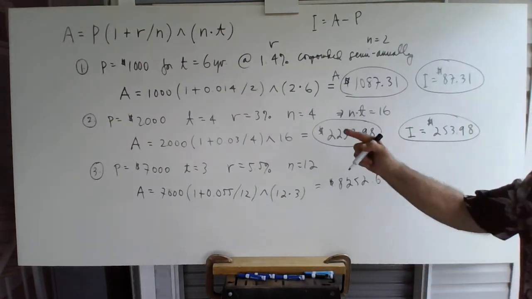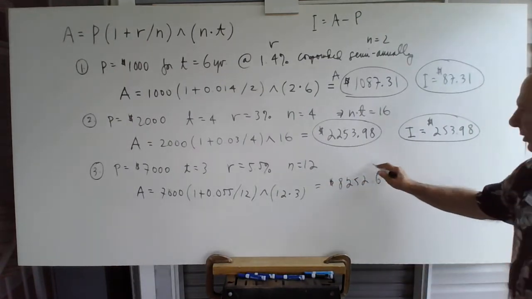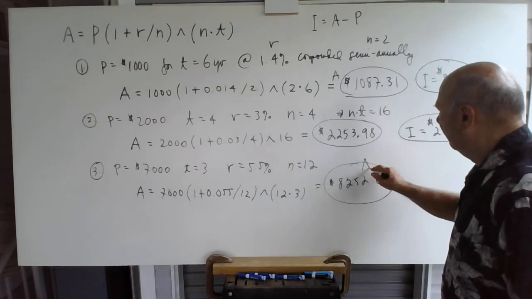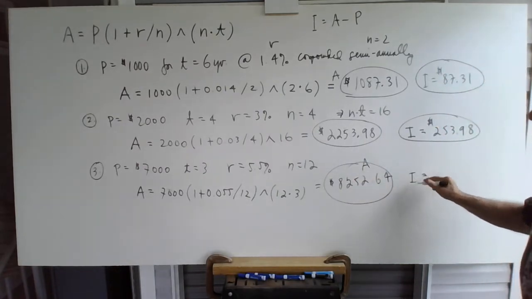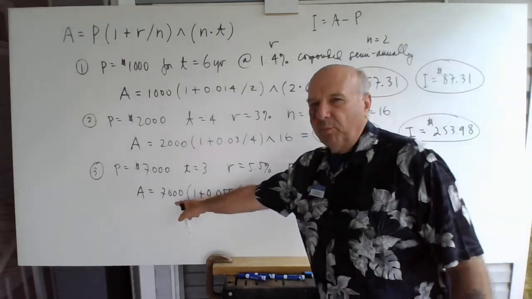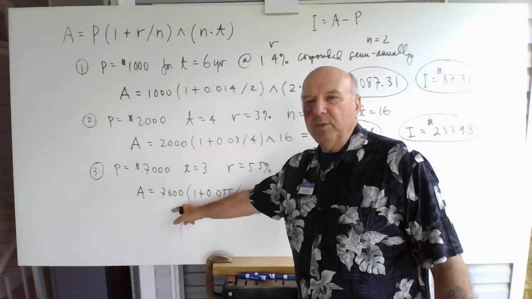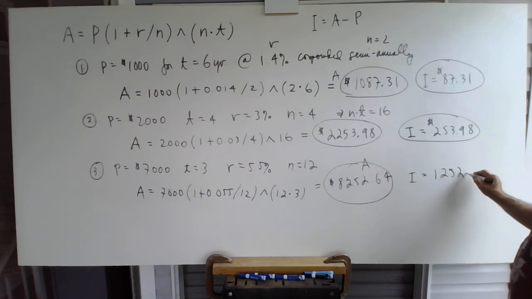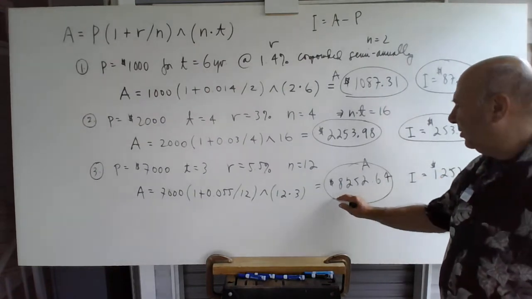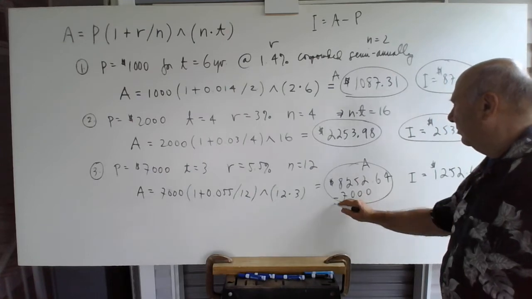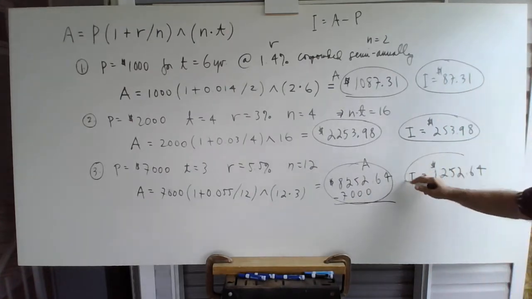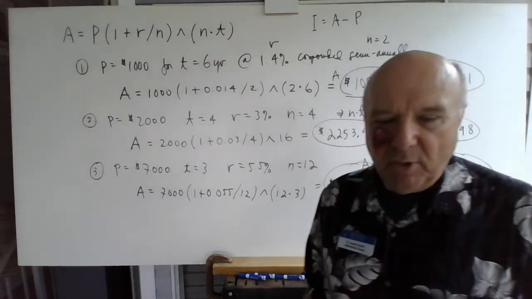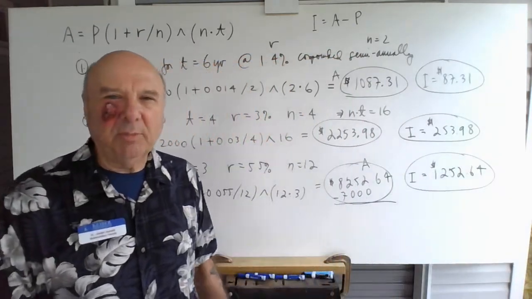And when I subtract 7,000, the principal, so this is A, I is equal to this amount minus the starting value, the present value, 7,000. So that'll be $1,252.64. Right? If you just subtract 7,000, you get this. So those are the two questions you'll have to answer for this type of problem.